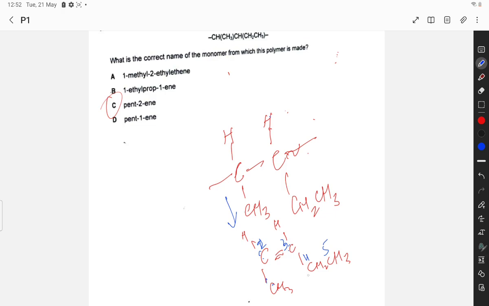So this is pent-2-ene. So this is the compound name.